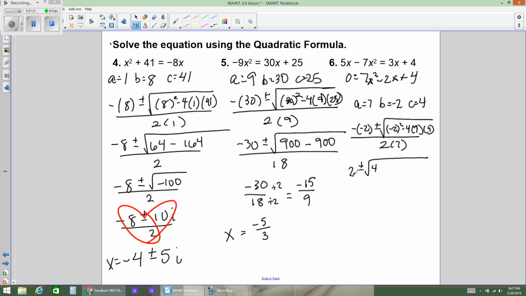Okay, positive 2, plus or minus the square root of 4. And then our symbols here, you've got a negative and a positive, so it's minus. It's 4 times 7 times 4. So I've got 112 all over 14.